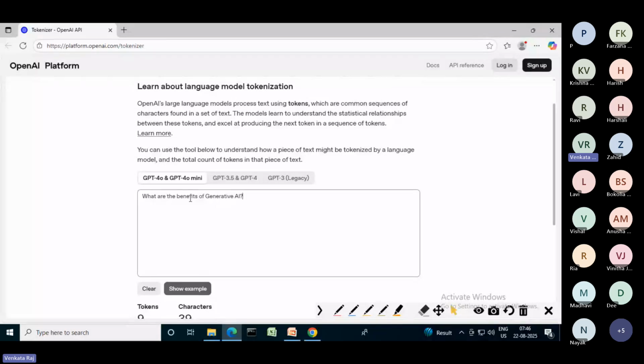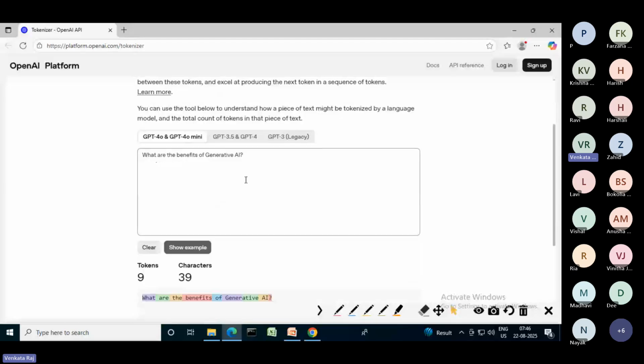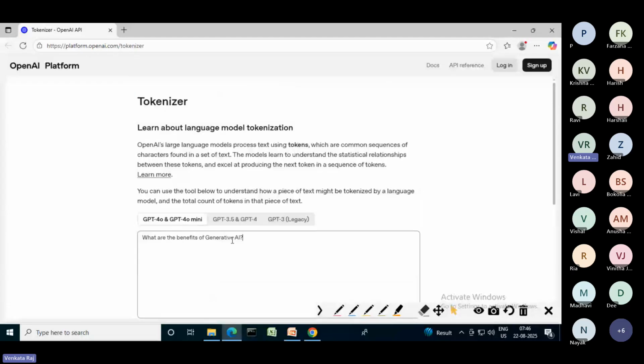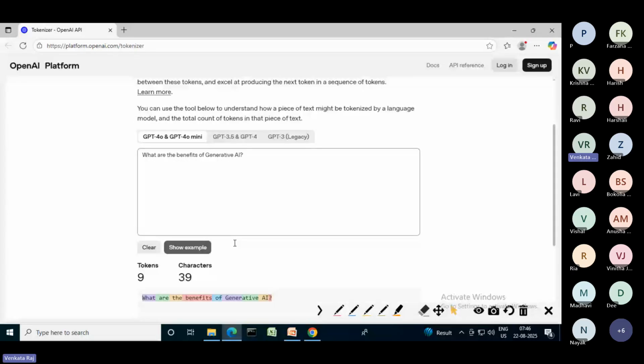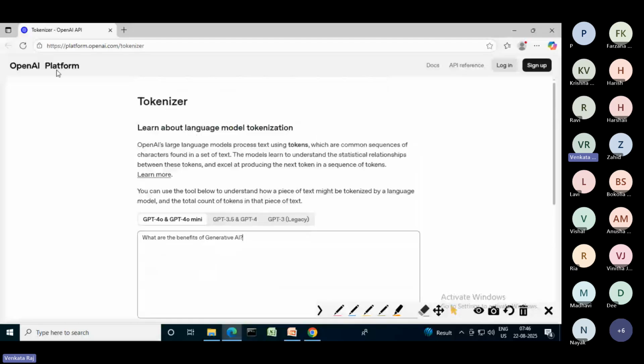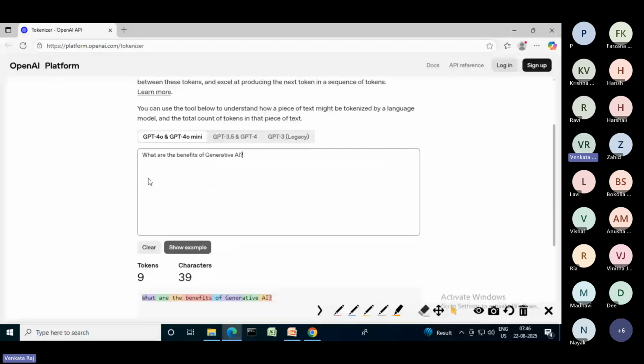There are total 7 words in it, 1, 2, 3, 4, 5, 6, 7 words and 1 punctuation mark, right, guys? Some would be thinking there will be 7 or 8 tokens. So with the tokenization process of OpenAI, what is the number of tokens you see?